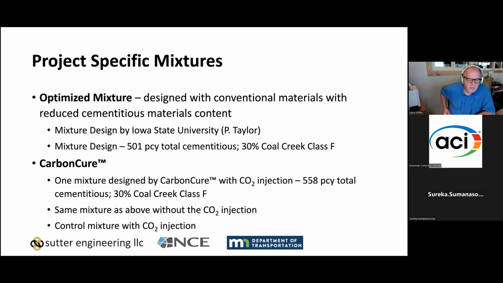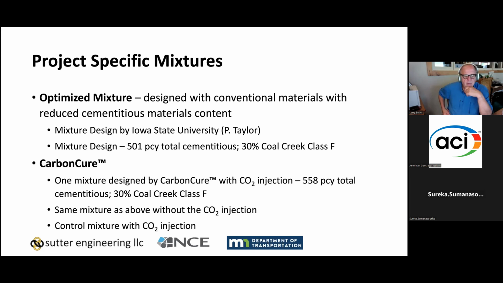For the carbon cure study, which is really kind of a separate study from the other ones, as you saw, we had 3 different research experiments. We had, of course, the control. Then we had one mixture that was designed by Carbon Cure with CO2 injection. They used 558 pounds per cubic yard total cementitious with 30% Coal Creek Class F ash, and then the CO2 injection, of course.